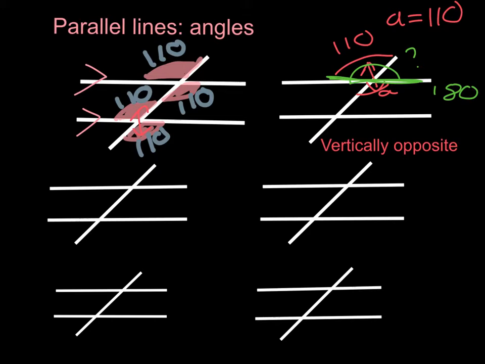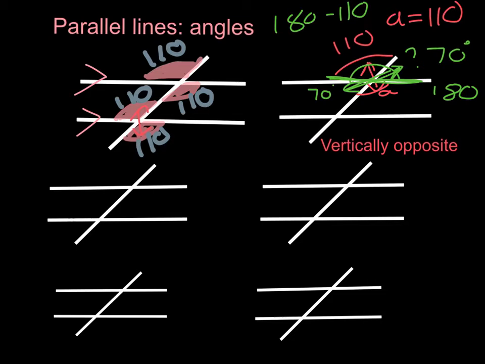I know it adds up to 180, so I can do 180 minus 110 to work out that angle there of 70 degrees. Now, we've just said about being vertically opposite, so the smaller angle, the acute angle, has another one which is vertically opposite to that, which will also be the same as it, so also 70 degrees.